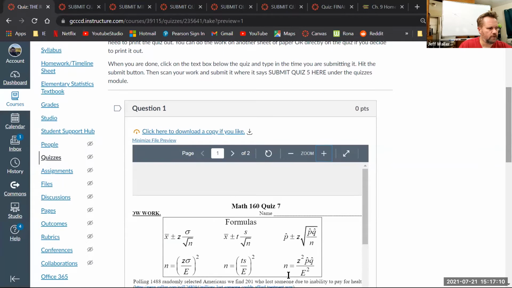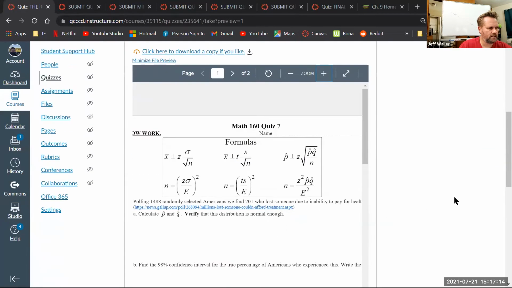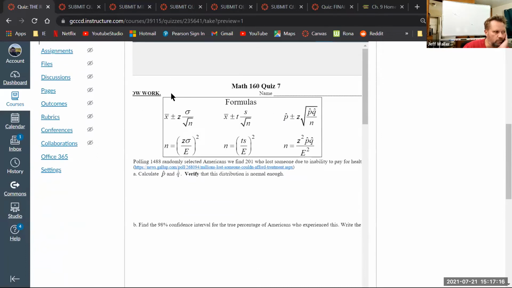All right, so which formula would you use here? It doesn't matter. It's all blank. Which formula would you use for a problem where you know N's and P's and Q's? Isn't this asking for a confidence interval? Yes. What is the idea about a confidence interval?